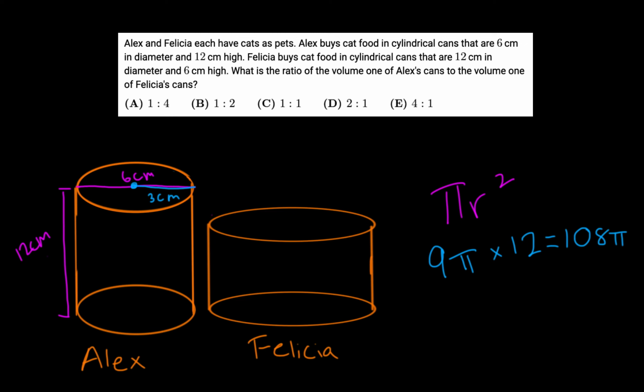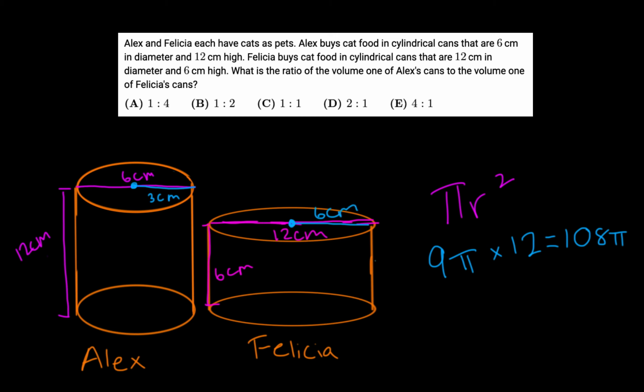Alright, so our diameter here is 12 this time. So our diameter on this one is 12 centimeters, and our height is 6 centimeters. Again, our radius is half our diameter, meaning that it is 6 centimeters.